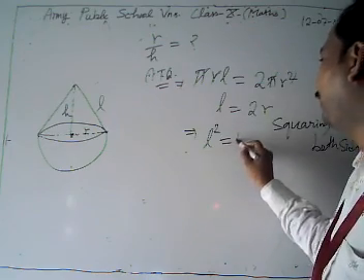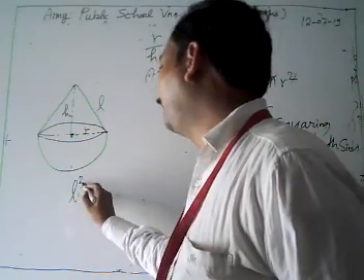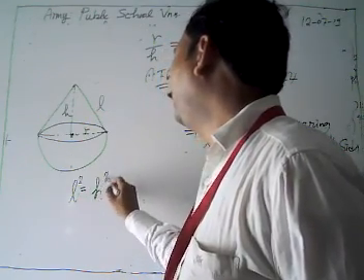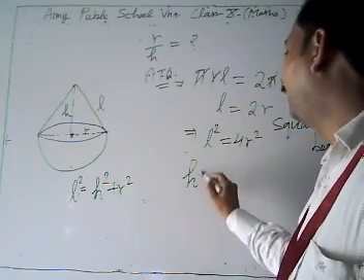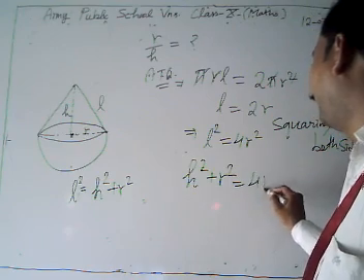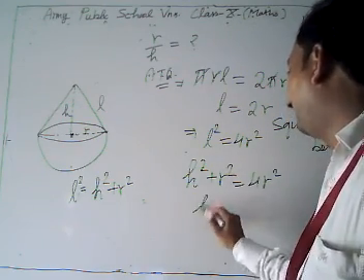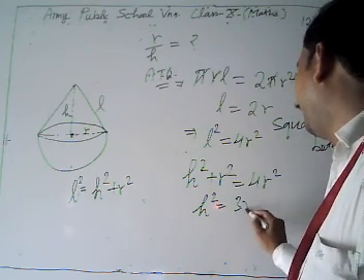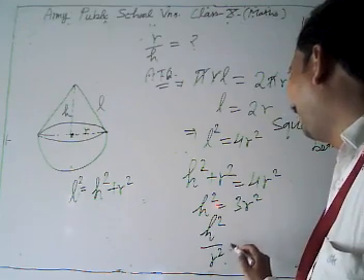L square is now equal to 4R square. What is the value of L square in the cone? It's equal to H square plus R square. Putting here, H square plus R square is equal to 4R square. Now our H square is equal to 3R square, then H square by R square is 3.